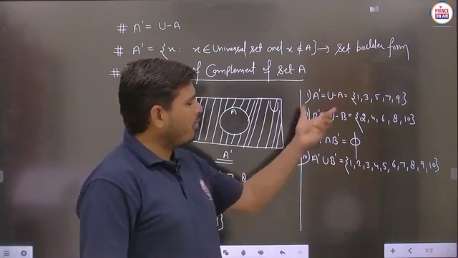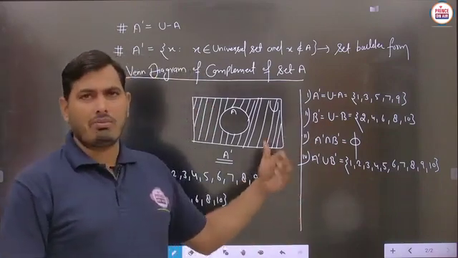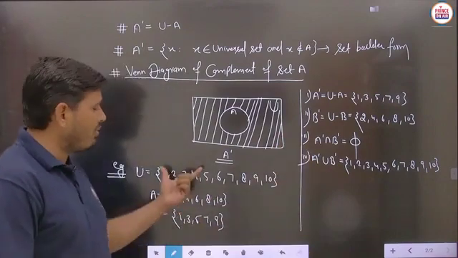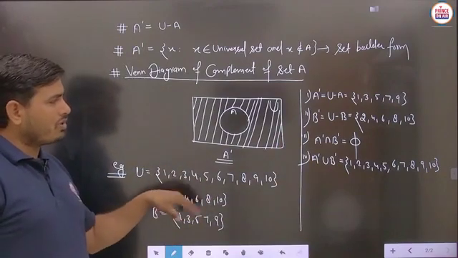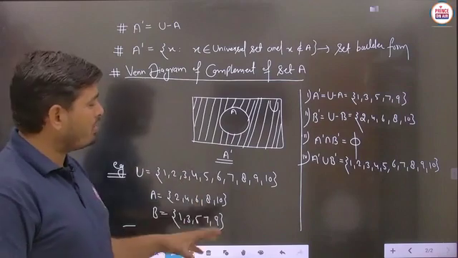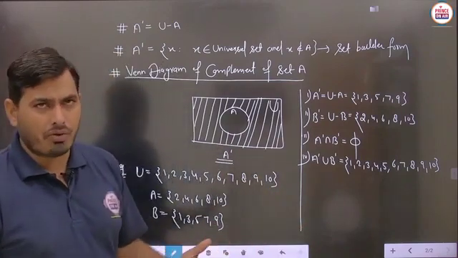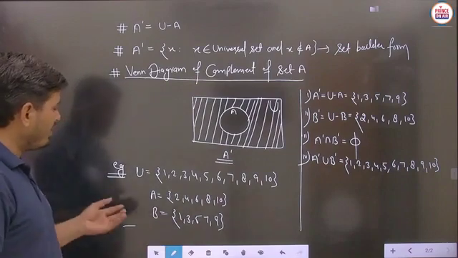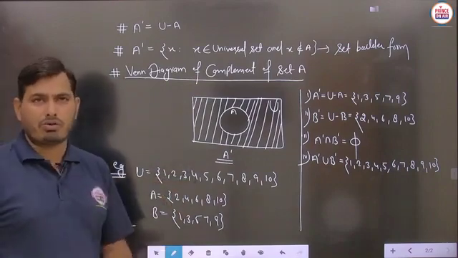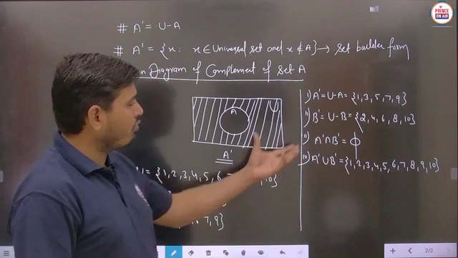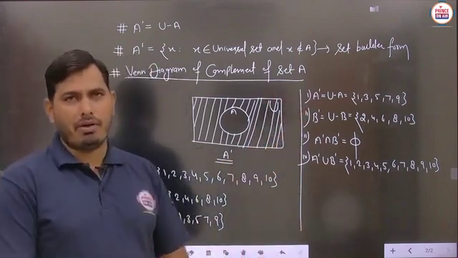Many different types of questions can be asked using this kind of data, and some such questions are also written in set builder form. So again students, if set builder form is given, first you can convert the set builder form into roster form, and accordingly we give the answer for each complementary part.